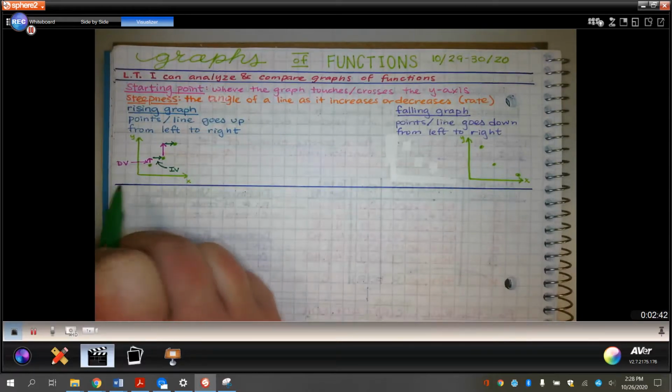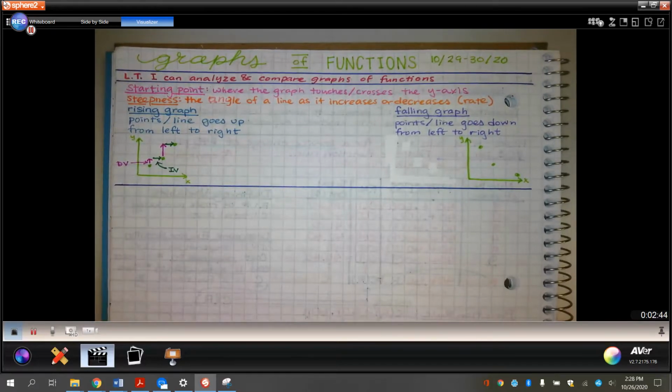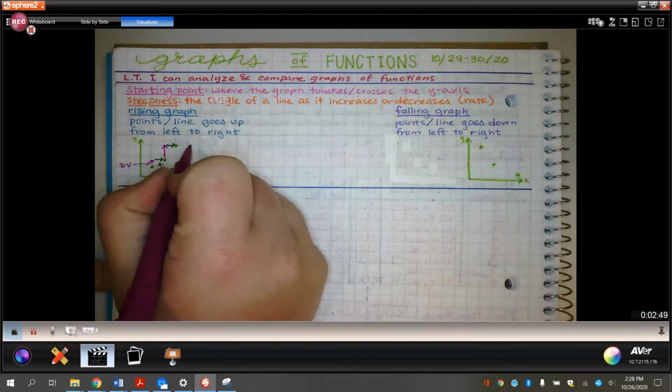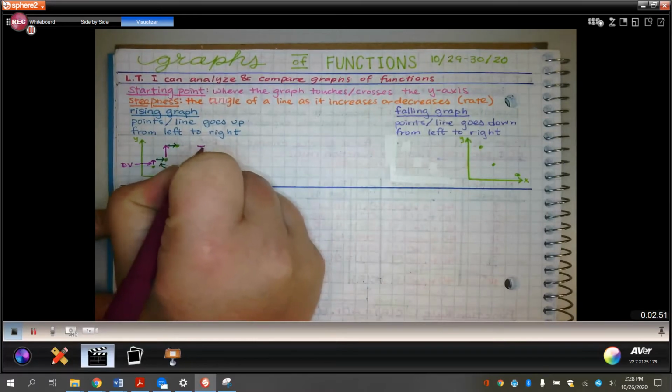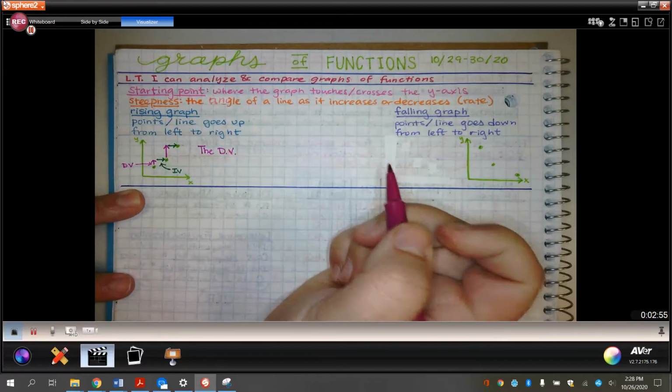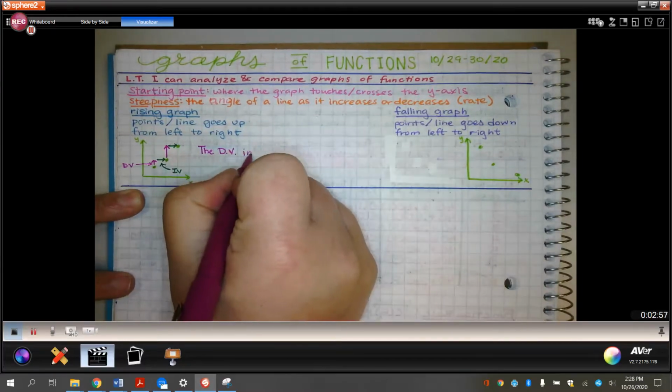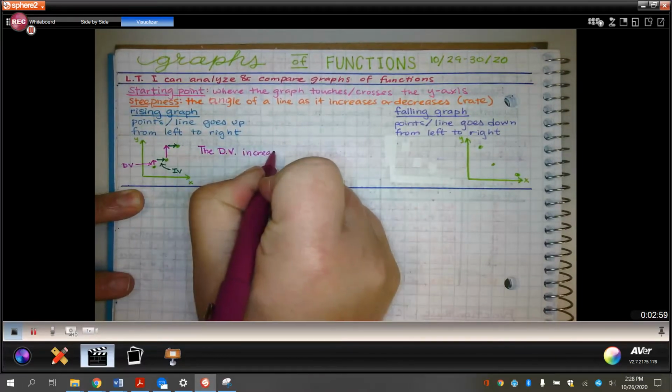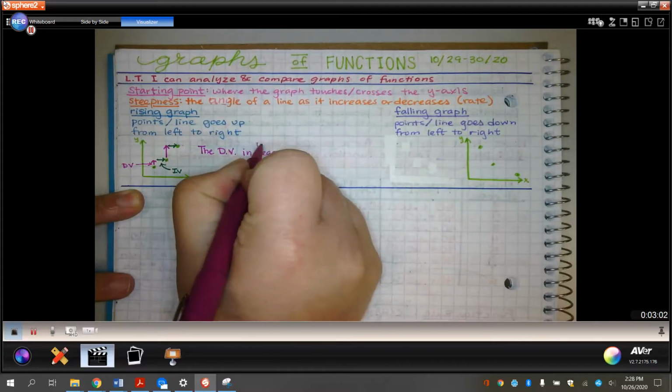So what we would say is that the dependent variable, which I'm abbreviating to DV, increases because it was going up. So I'm going to put the word up in parentheses.